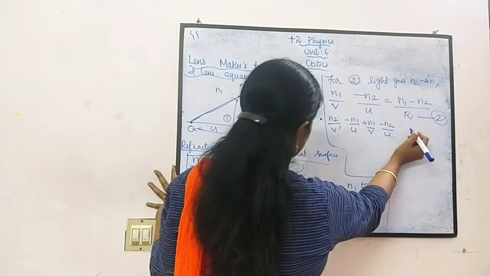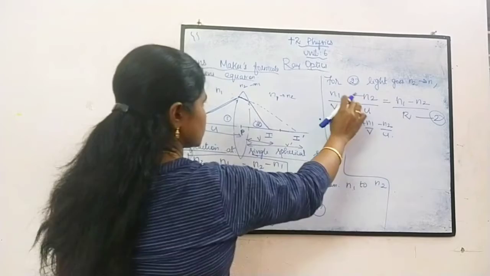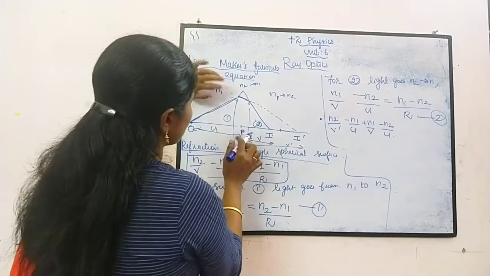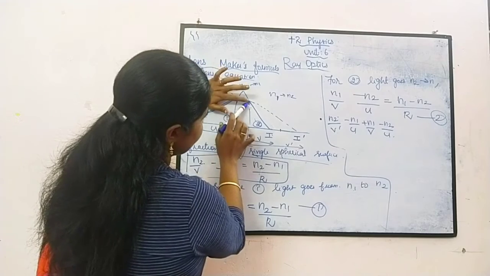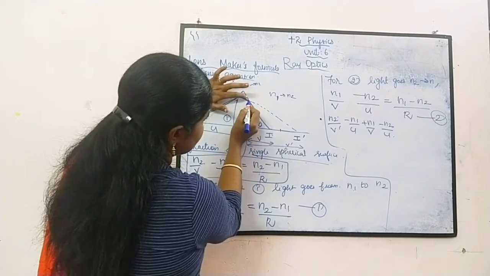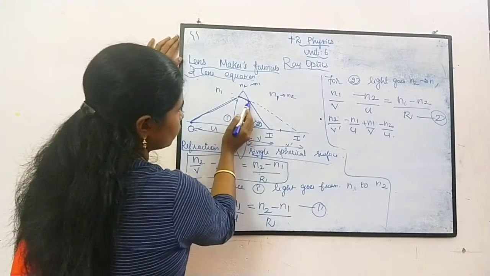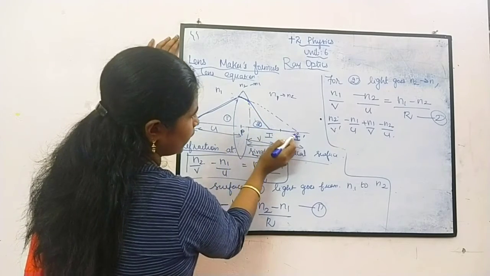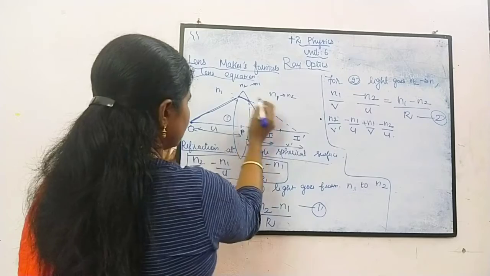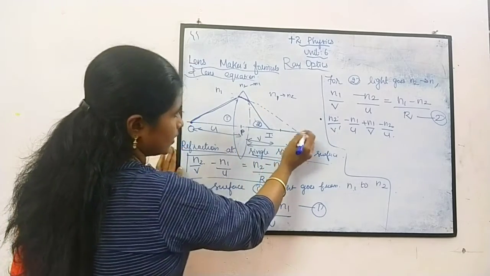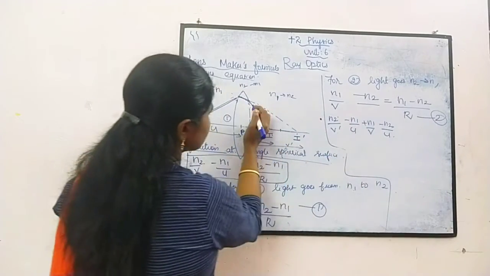This is not u, it is n2. For this surface, this is its object and this is its image. Can you understand? Understand this much: when we come to this surface, its object is here.